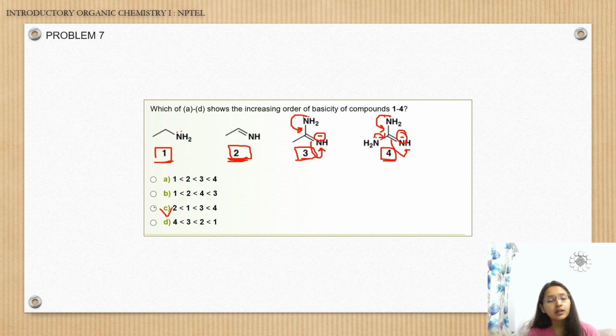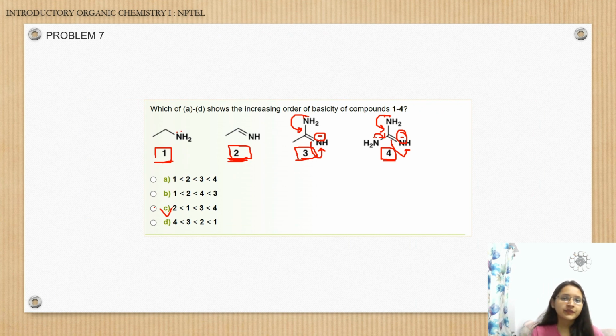So in the case of 1, the lone pairs are exactly in the donating form. But in case of 2, the imine is way less basic than amine, because there is no lone pair of nitrogen present for a direct attack, right? So the correct option will be C.